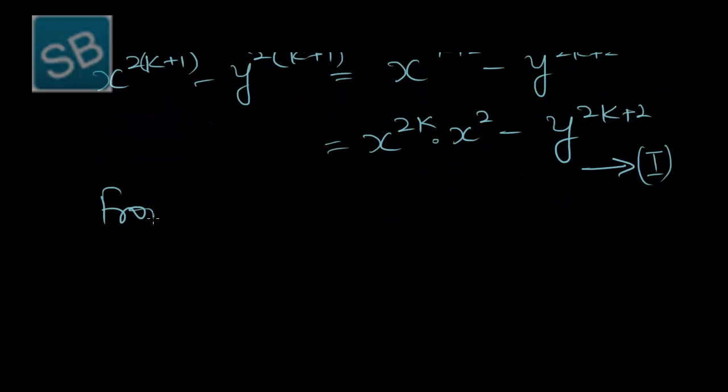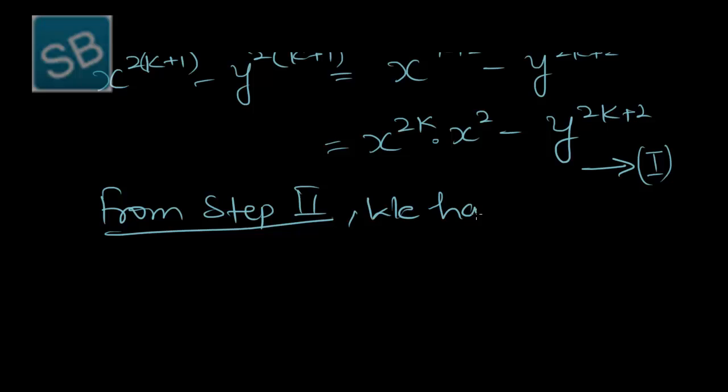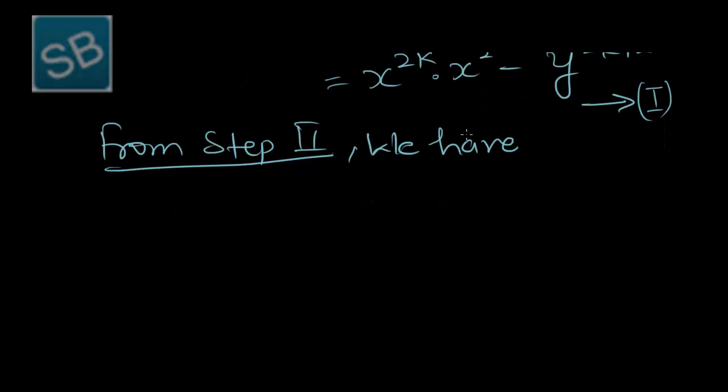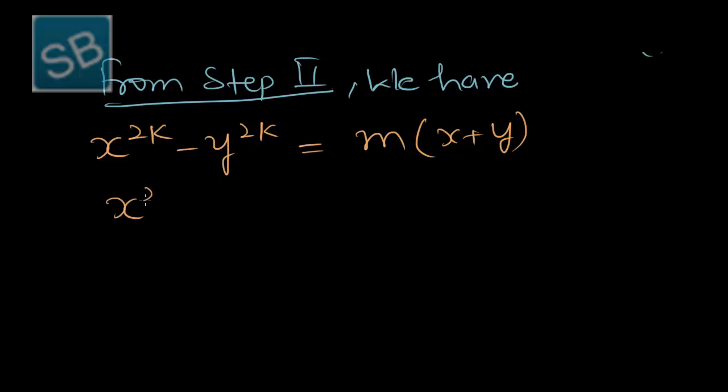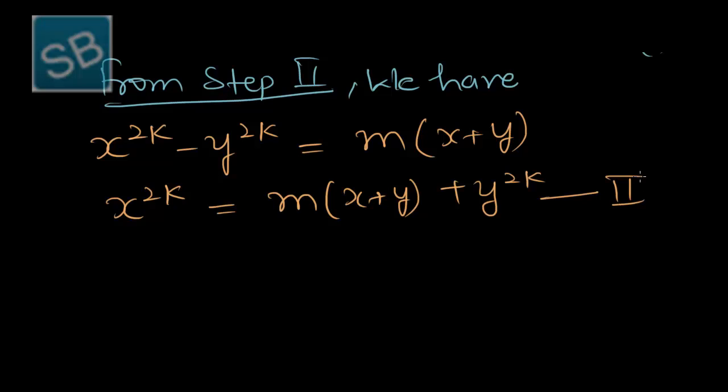Now from step 2, we have x raised to power 2k minus y raised to power 2k is equal to m times x plus y. From here, we find the value of x raised to power 2k, that is m times x plus y plus y raised to power 2k. That is equation number 2.